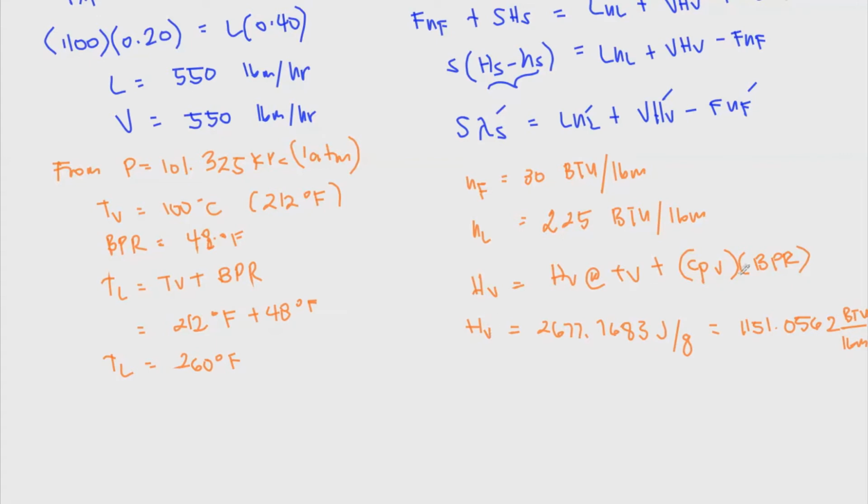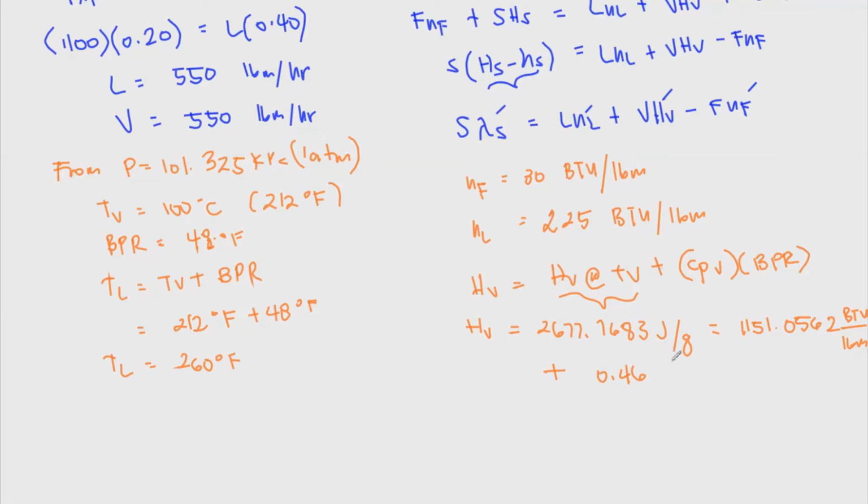Okay, and then finally we need to take this CPV times BPR. So we need to add here this CPV. I hope you don't get confused with this. Okay, so this is for the HV, and then we need to add this CPV times BPR. So we have the specific heat capacity of the vapor, of water vapor at the condition wherein it is superheated.